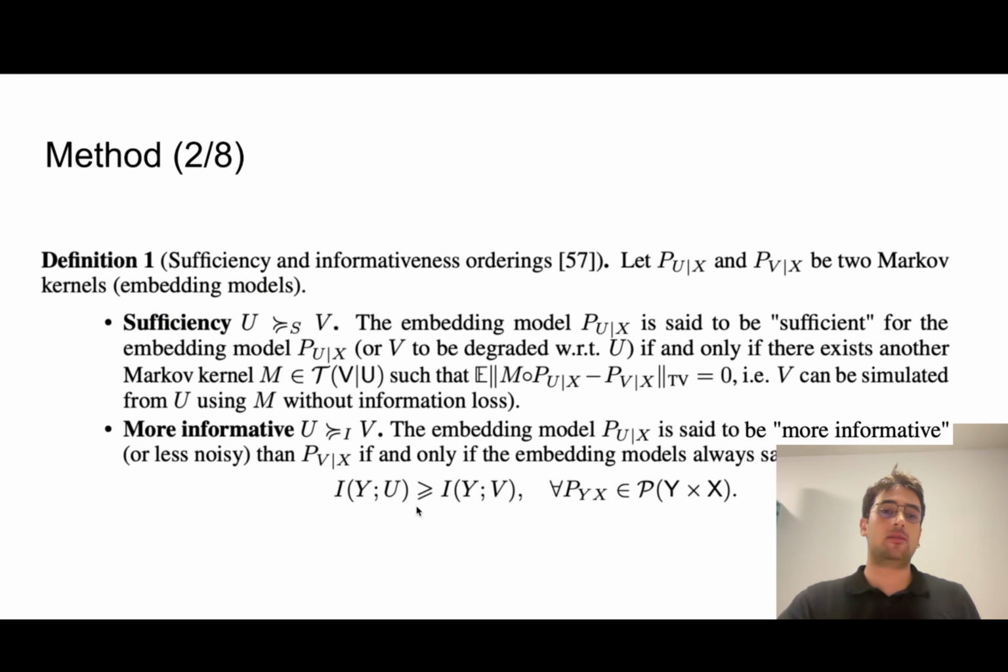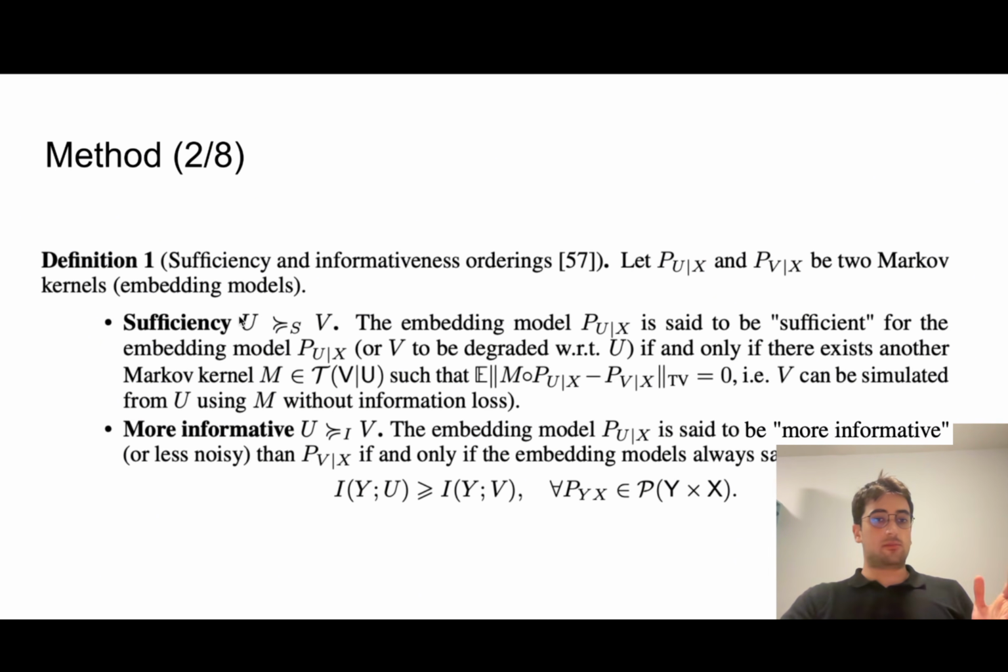Maybe Y and U are really different, so even though Y has more information than V, it doesn't mean that U can recreate V, okay?